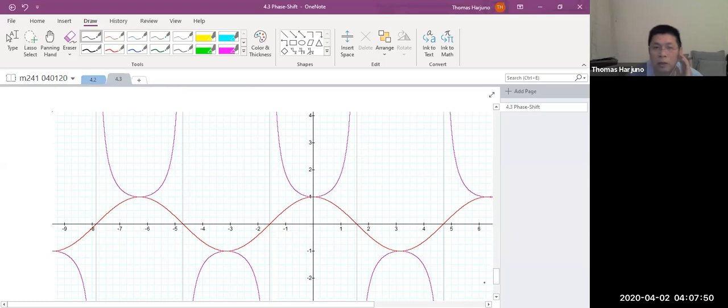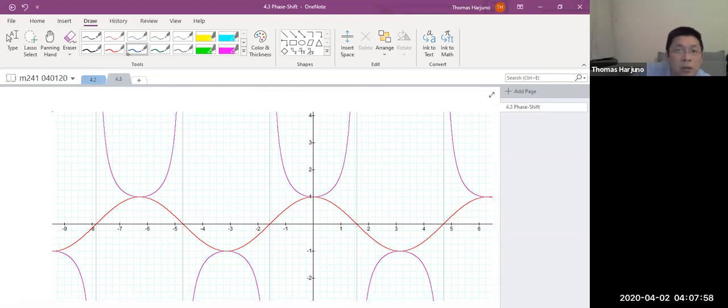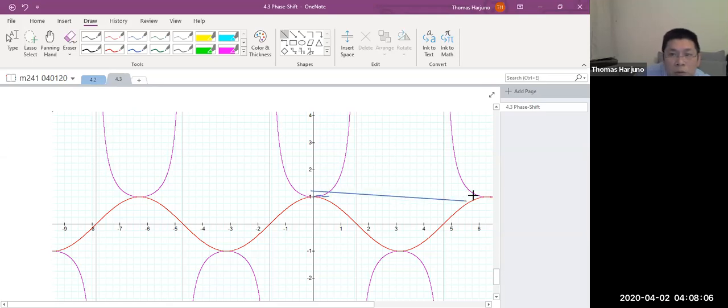Okay, now the graph of sine x was in this box earlier. Actually, cosine x. The graph of cosine x was in this box.